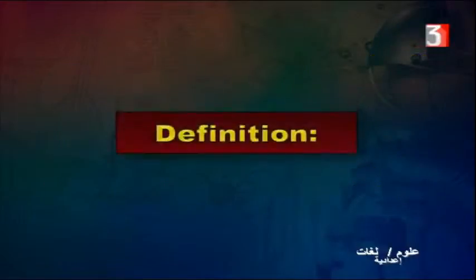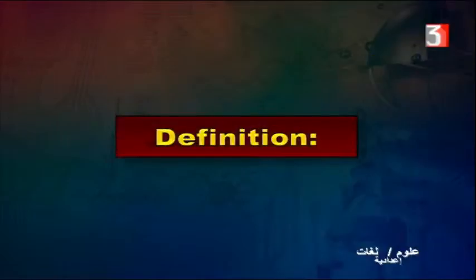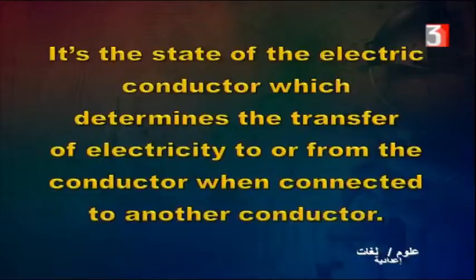So, what's meant by electric potential? It's the state or condition of an electric conductor, which determines the transfer of electricity to the conductor or from it when it is connected to another conductor.